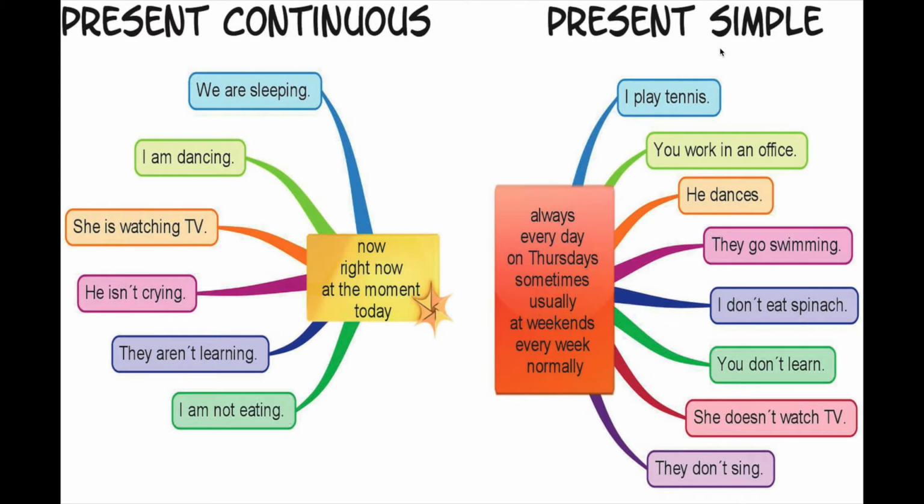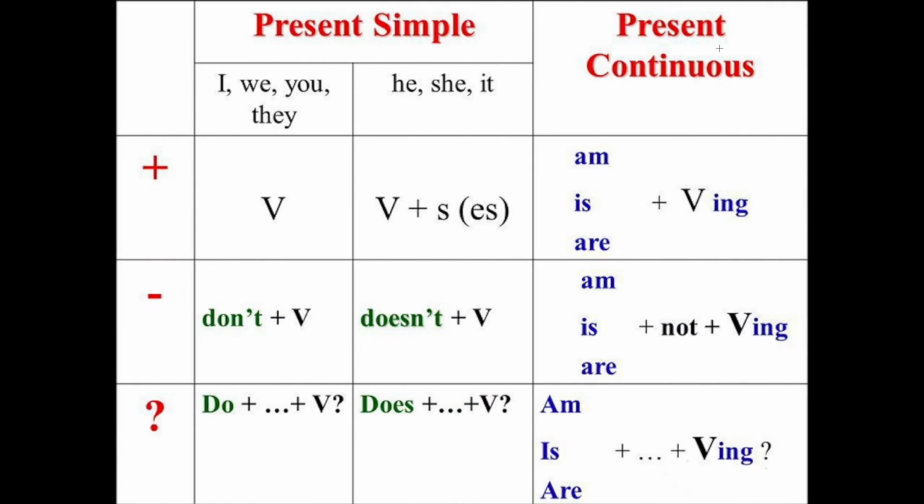Before continuing, we're going to focus on the structure, how we can create a sentence with these two grammatical tenses. In this part we have present simple and the subjects: I, we, you, they, he, she, and it.